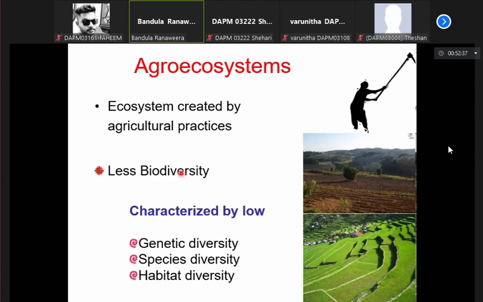Genetic diversity, species diversity, and habitat diversity are secondary categories of diversity available in both systems. The only thing is, in natural ecosystems, the biodiversity is generally higher.